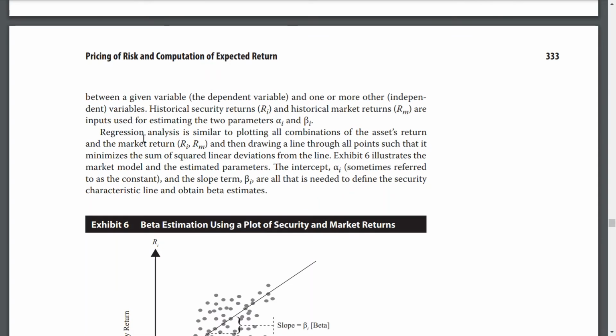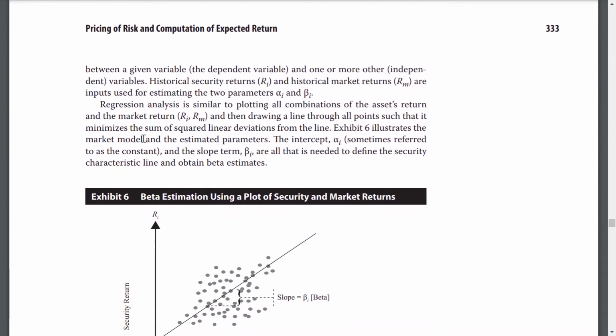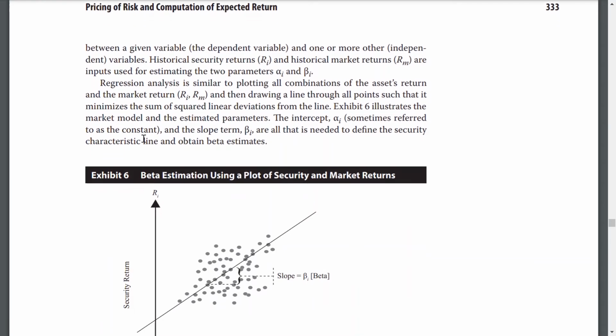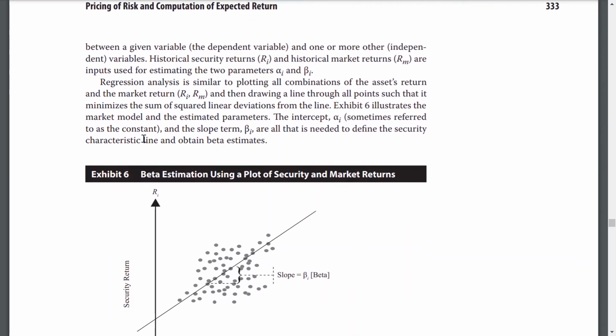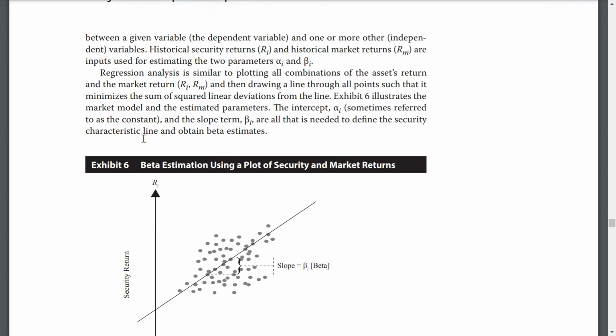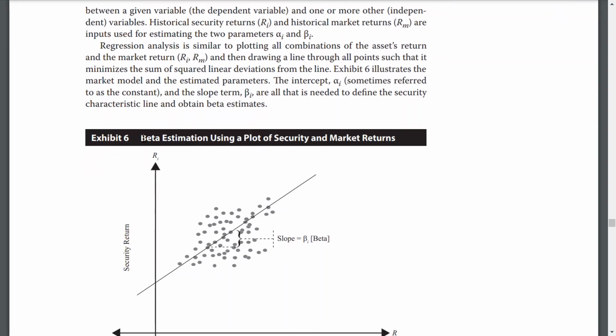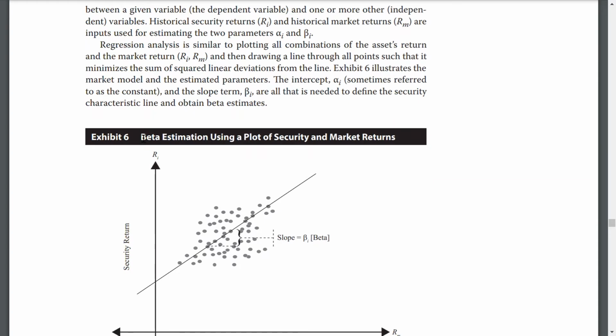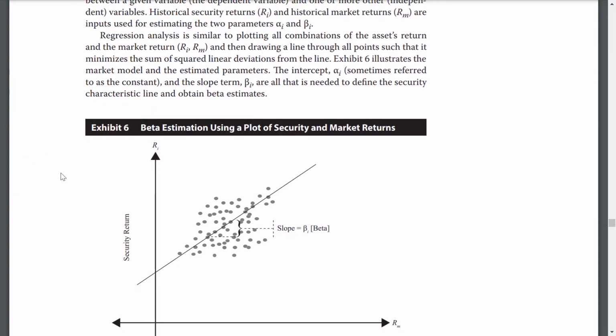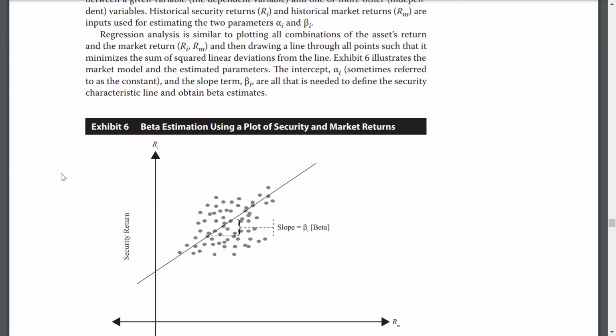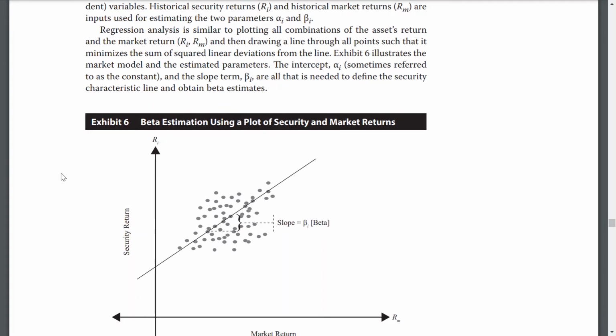Historical security returns and historical market returns are inputs used for estimating the two parameters alpha_i and beta_i. Regression analysis is similar to plotting all combinations of the asset's returns and the market returns, R_i and R_m, and then drawing a line through all points so as to minimize the sum of squared deviations.